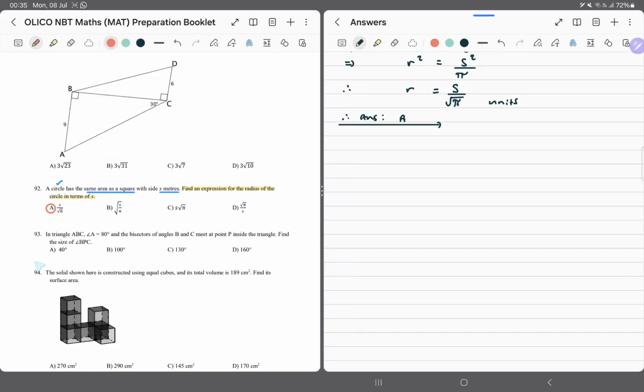And then we look at question 94. Again, it uses structures. So let's see. The solid shown here is constructed using equal cubes, and its total volume is 189 centimeters squared. But now that can't be a volume, right?